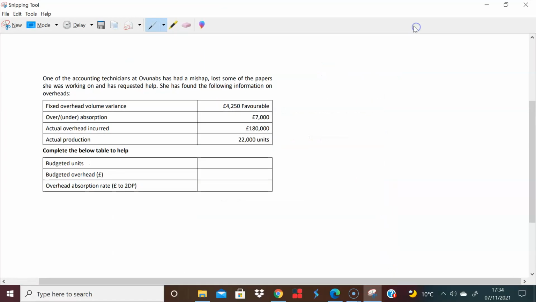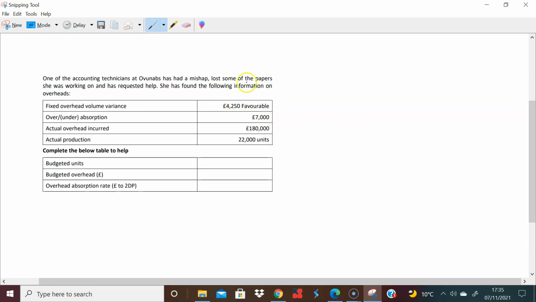Right, here we are. So this question starts off saying that one of the accounting technicians has made some mistakes and needs some help. So what do we have here? We have some volume variance. We're given the volume variance, and the volume variance is the relationship between your actual events and your budgets.